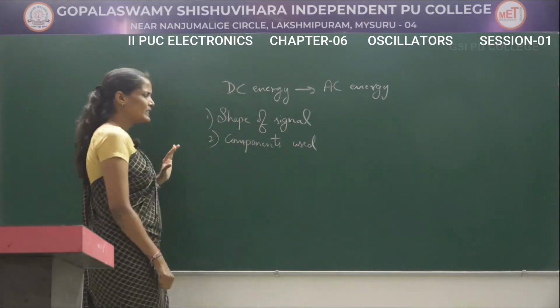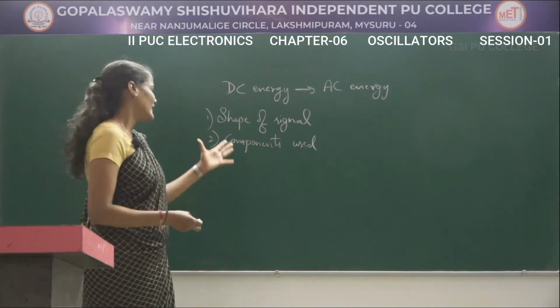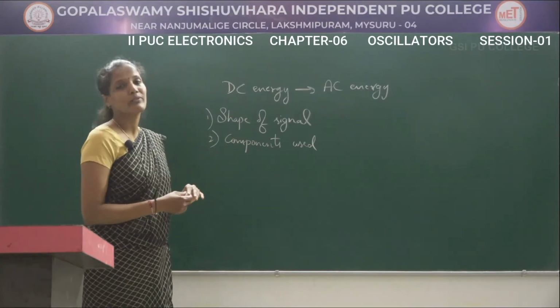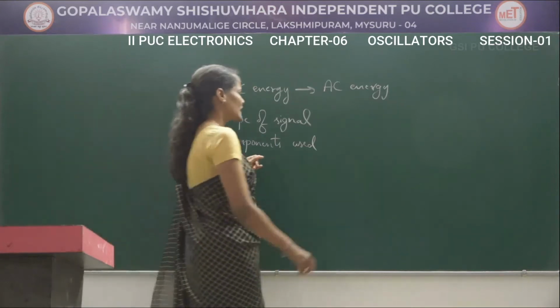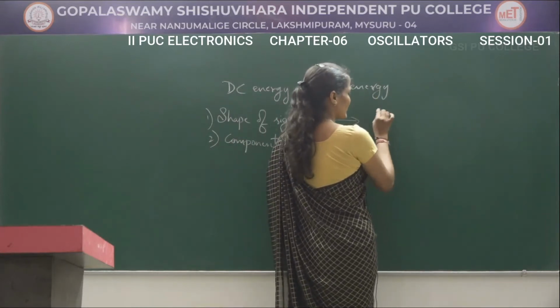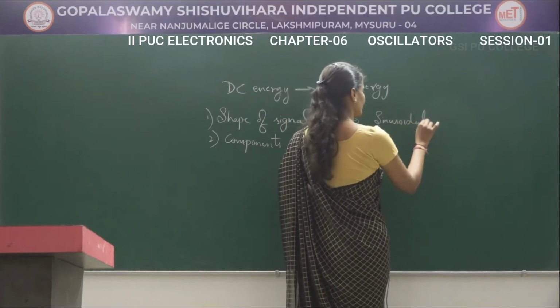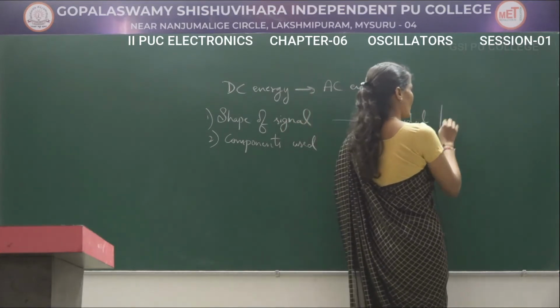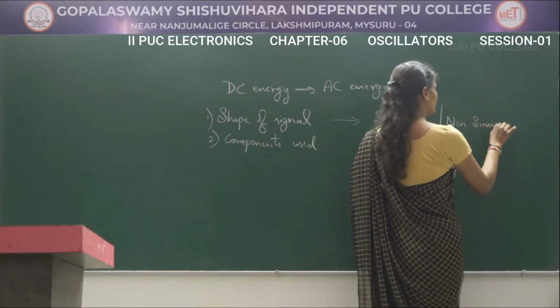So, based on the shape of the signal generated and the components used in the feedback circuit, these oscillator circuits are classified. Shape of the signal, it can either be a sinusoidal signal or a non-sinusoidal signal.